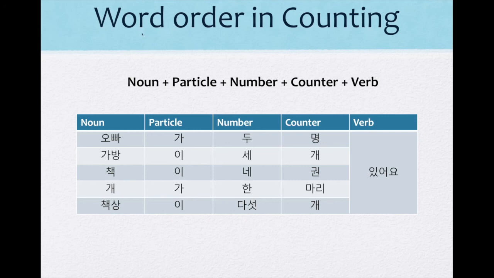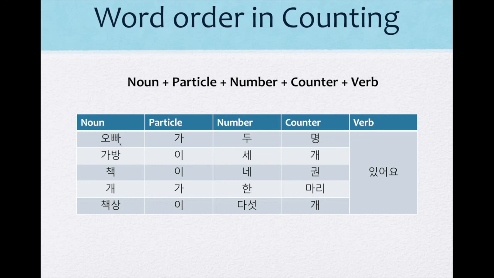Okay, word order and counting. The structure is like this. Noun and a particle. The particle can be a subject particle like 이, 가, or a topic particle, 은, 는. But let's just use subject particles in this case. The number and an appropriate counter, and the verb follows. I want you to memorize this structure. So let me give you an example.